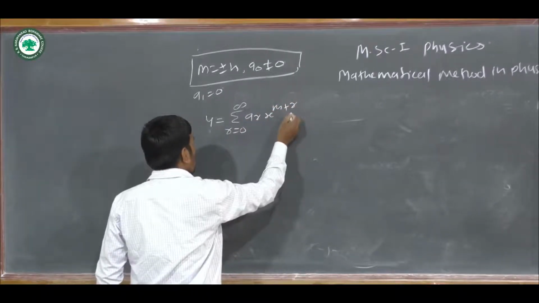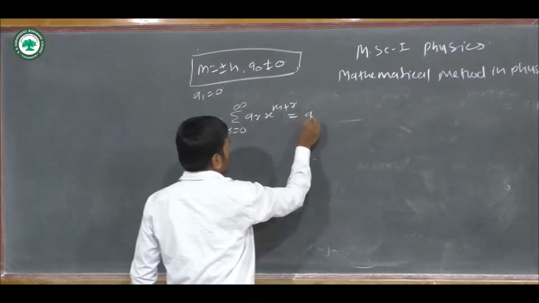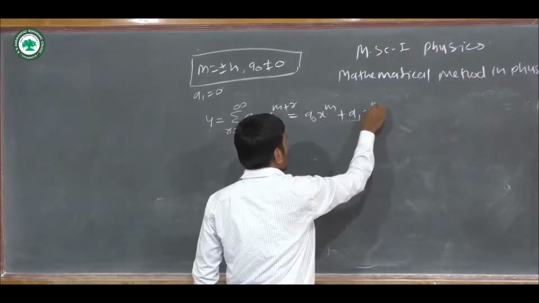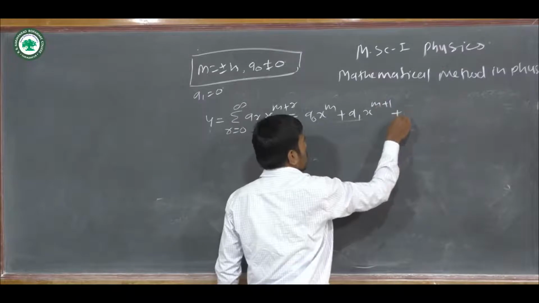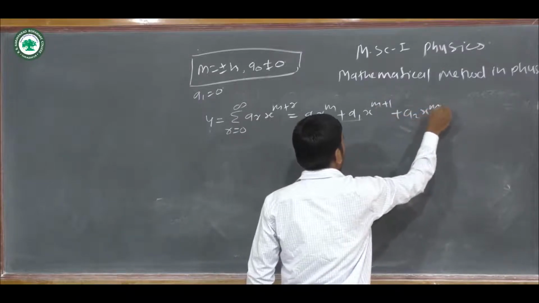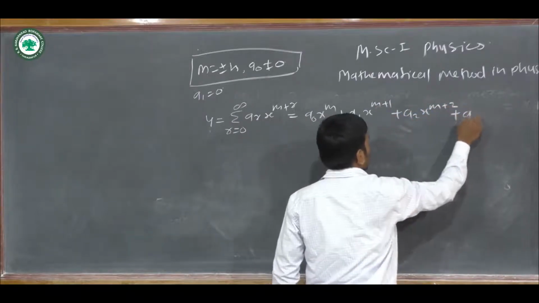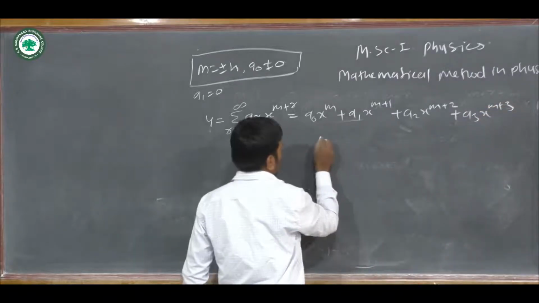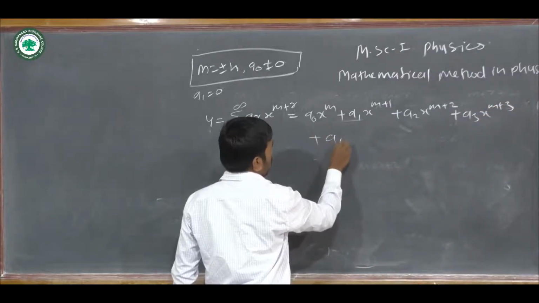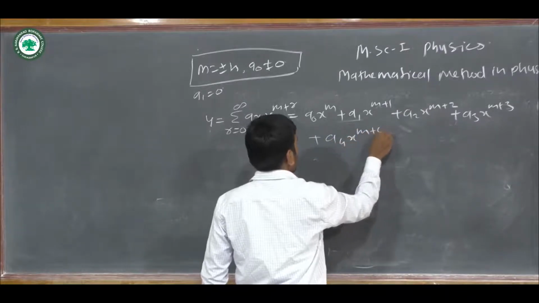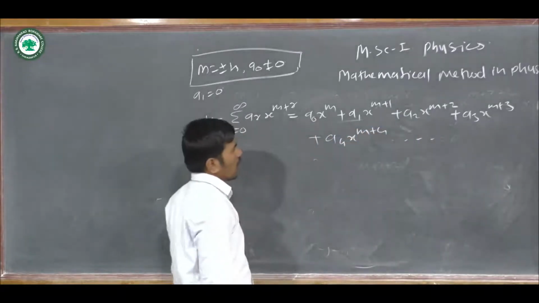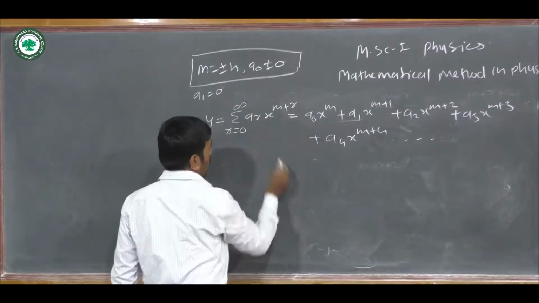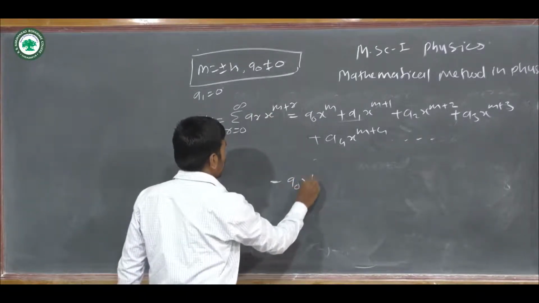Okay, so we can write a naught x power m plus a1 x power m plus 1 plus a2 x power m plus 2 plus a3 x power m plus 3 plus a4 x power m plus 4 and so on. Okay, so now just put the value for a naught. So a naught x power m.